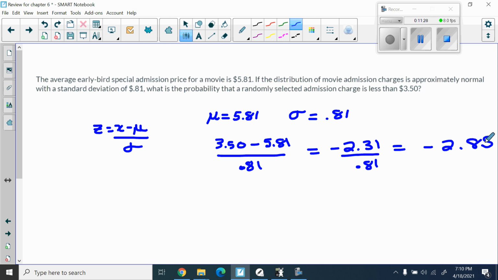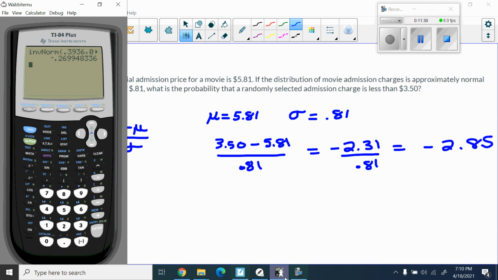So then I enter that into my calculator, and remember, I'm doing it to the left because it's less than. So I'm going to do second vars, and I'm doing normal CDF. So if it's to the left, my lower bound can stay right like this, which is negative infinity, basically. My upper bound is the z-score, which is negative 2.85.